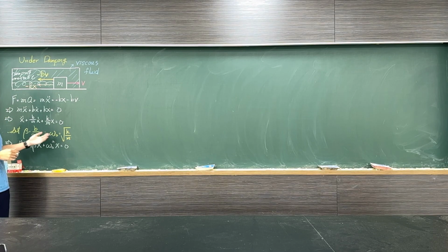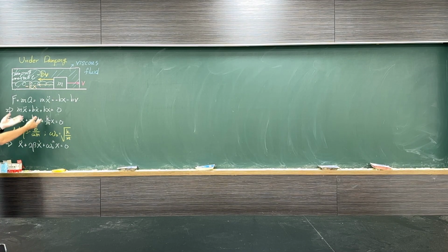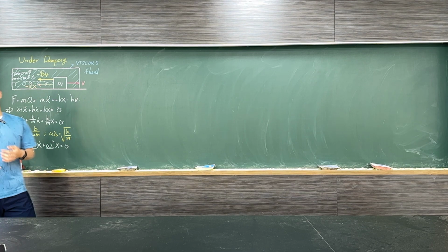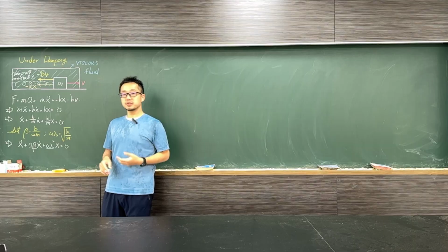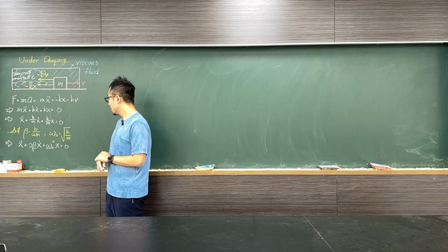You must be familiar with this omega; this is what you learned in simple harmonic motion, right? So you plug them in and you get a new differential equation, and simply by observing it, you only get two variables, beta and omega. It's much more simplified.